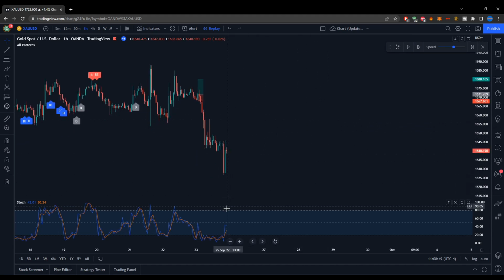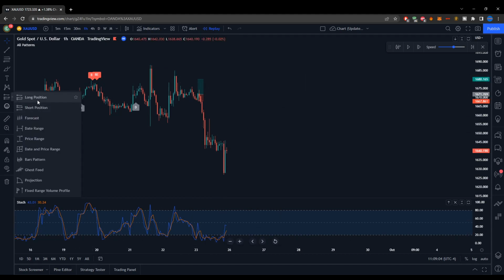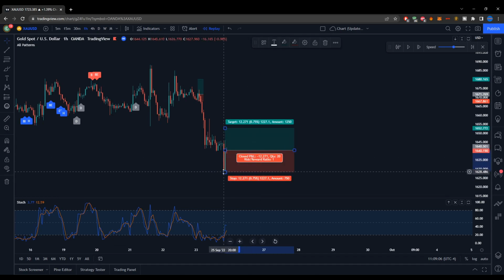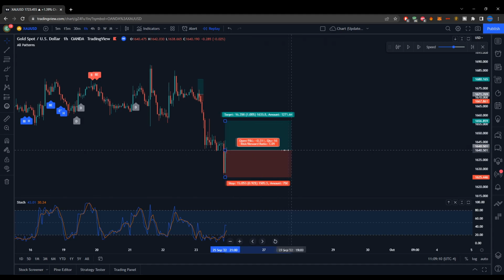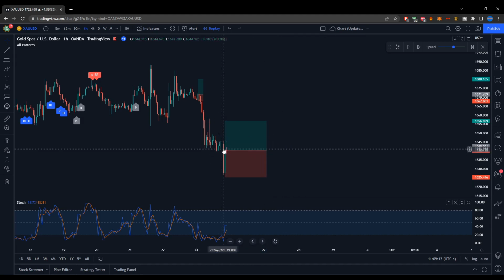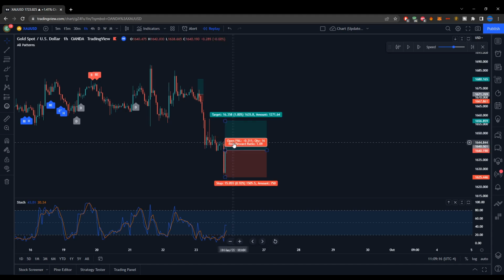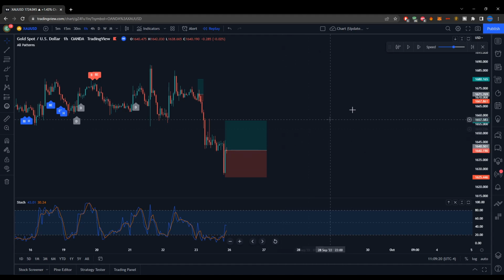Alright, here you can see the blue line crosses the orange line upwards, and if you're using this indicator standalone, you would probably open a trade here. But for me, I wouldn't personally be opening a trade here, as it is a bit too risky, because there was an impulse move before and the trade might go against my predictions.